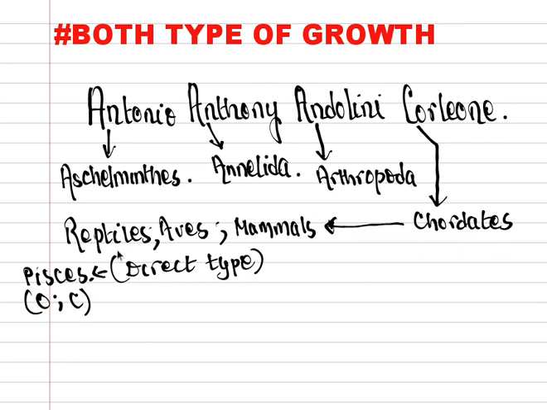All these divisions or categories show direct type of development, that is no larval stage. The other divisions under chordates show indirect type.